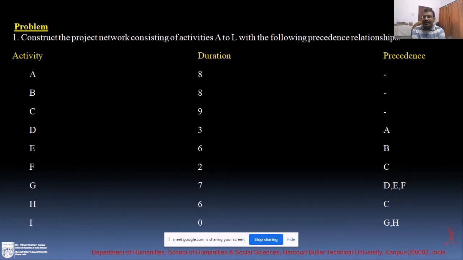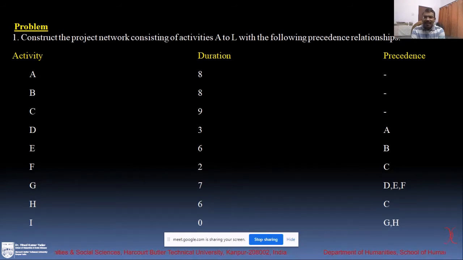A activity is a fixed deterministic time period, a critical path method problem. It takes, suppose, 8 minutes, and this activity is starting from 0, meaning it does not proceed after any activity. So origin point.